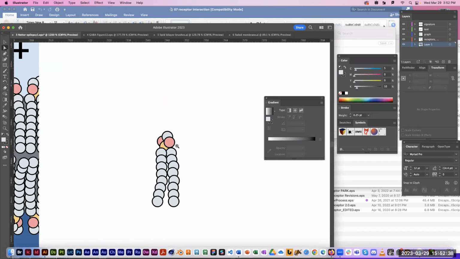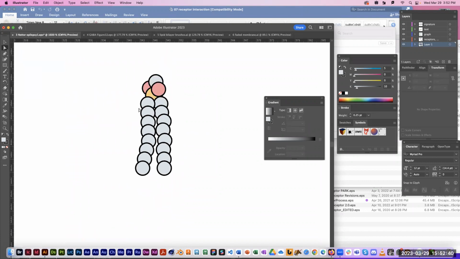The phosphate group is actually quite small in a phospholipid. It's not the great big blue lollipop head that you always see. So the yellow here is meant to represent a phosphorus atom, and then the pinks are oxygens, and all these gray circles represent carbons in this zigzagging carbon chain that makes up the fatty acid tails.